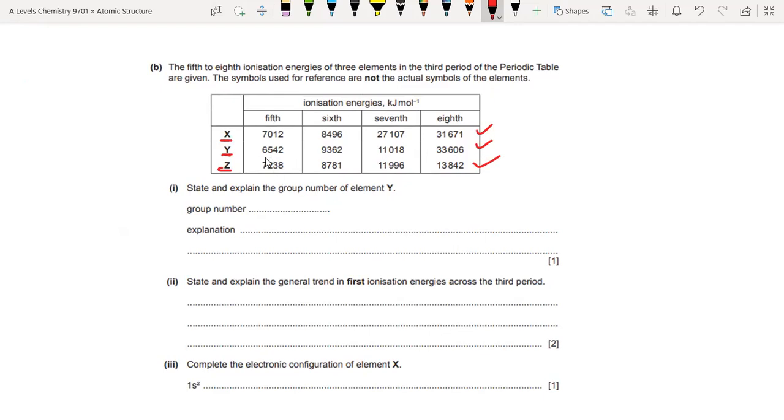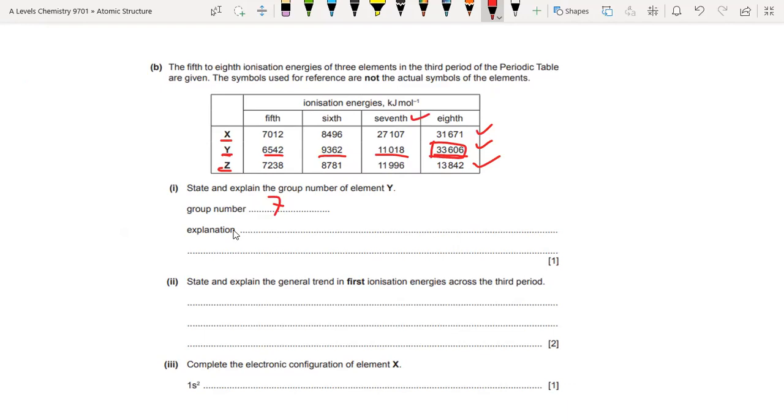Fifth ionization energy is not much smaller than sixth. Similarly, sixth is not much smaller than seventh, and eighth is almost 3 times greater than seventh, which means this element belongs to group number 7.